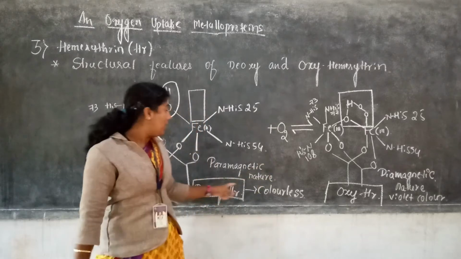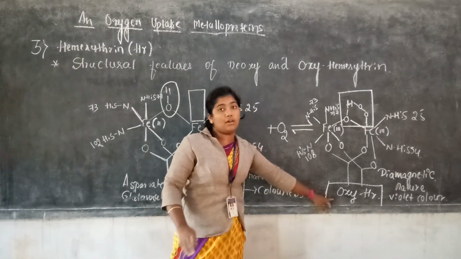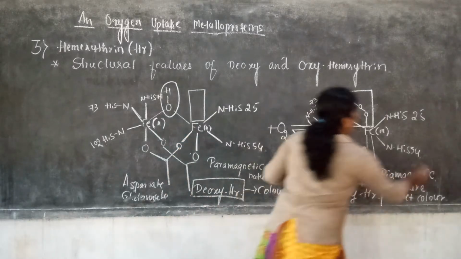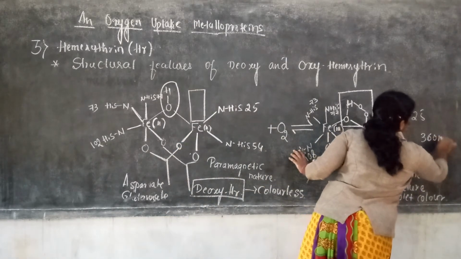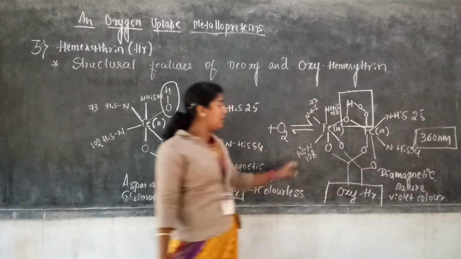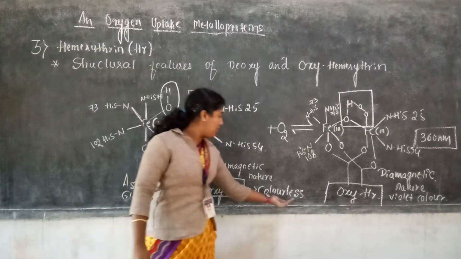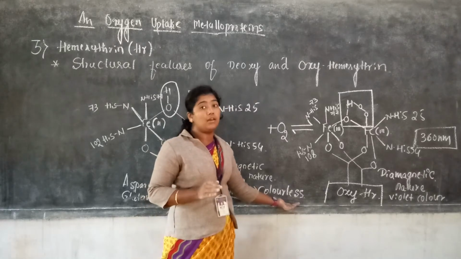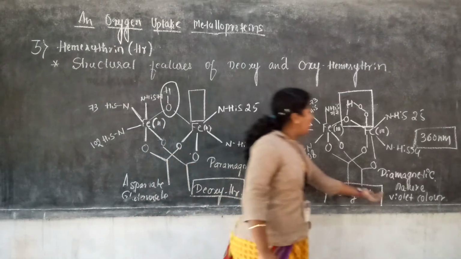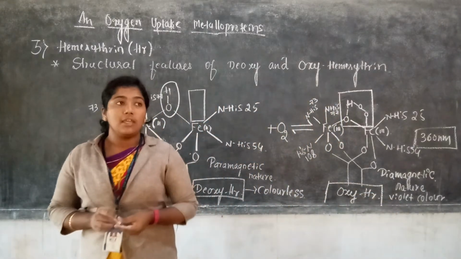So here oxyhemerythrin is violet in color, absorbing a band at nearly 360 nanometers. In the deoxy form it does not absorb any band, so it looks colorless. Here it looks violet because it absorbs an intense band at 360 nanometers.